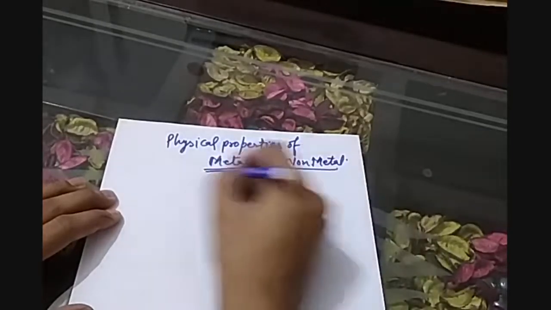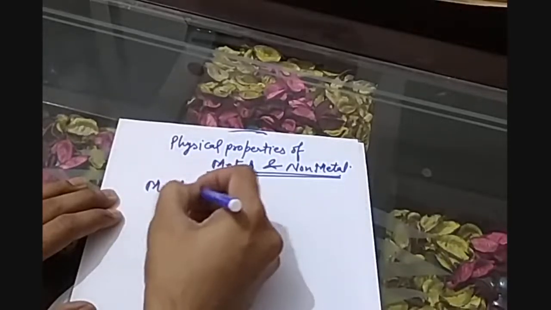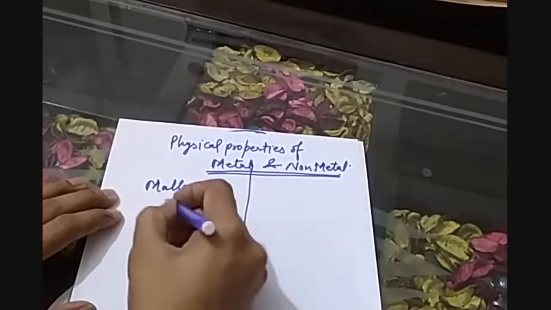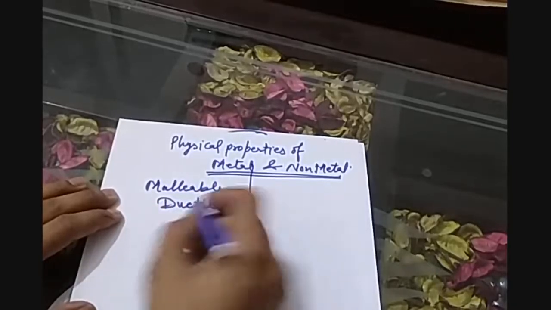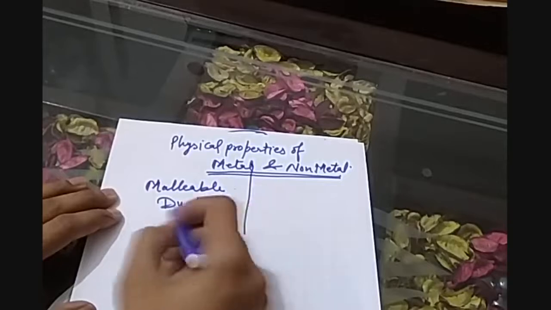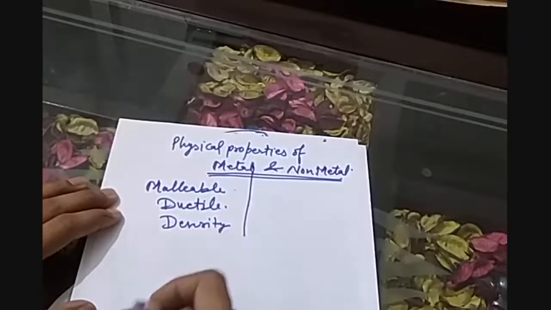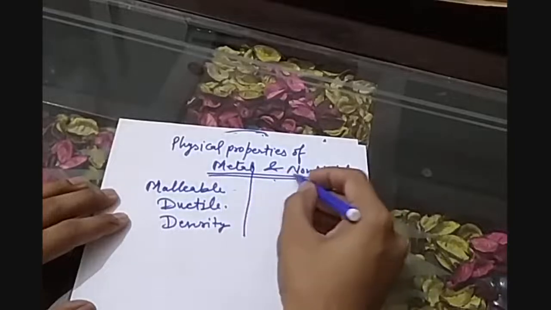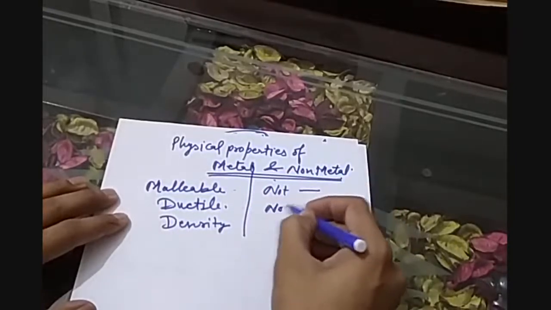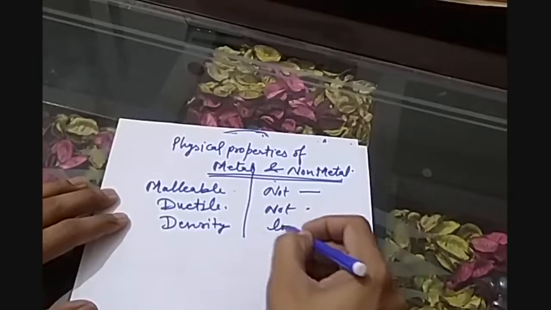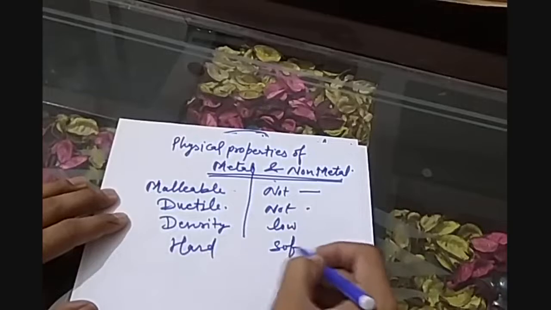About that, we have also studied: metals are malleable, ductile, है ना? Malleable, ductile, high density. And just opposite of it, non-metals are not malleable, not ductile, low density. These are hard, these are soft.